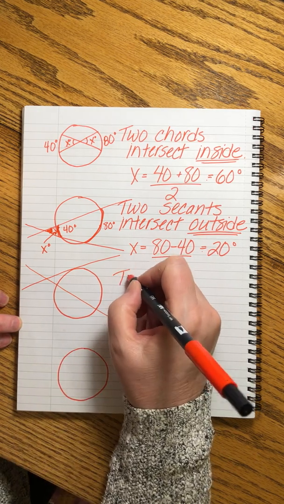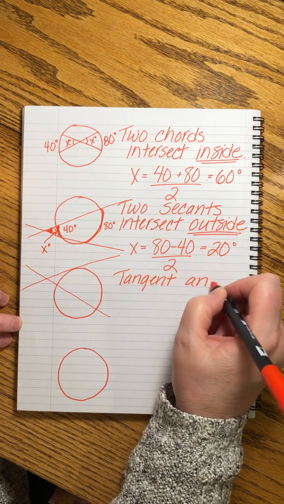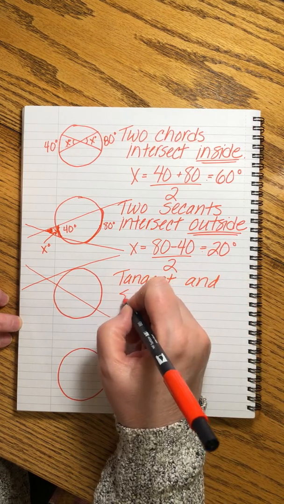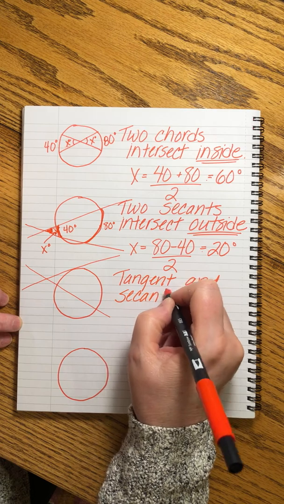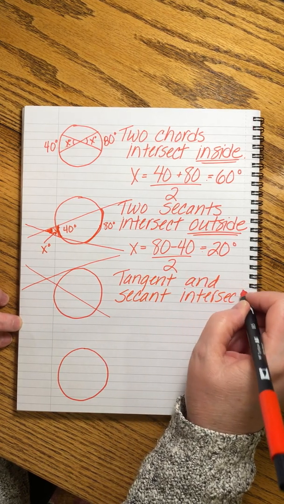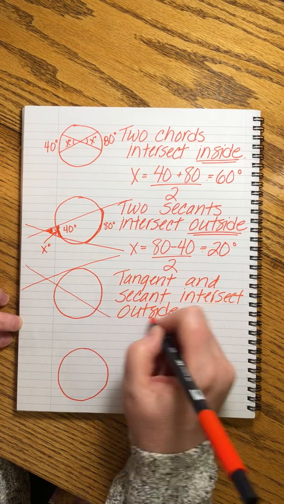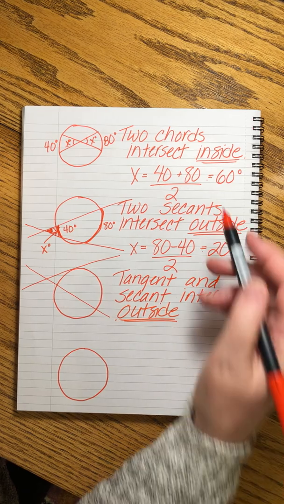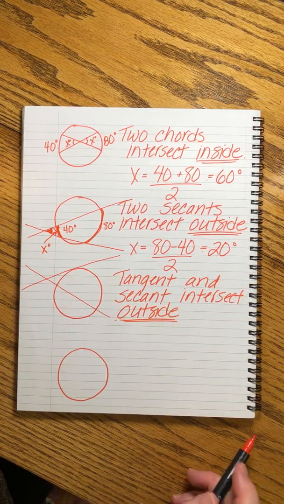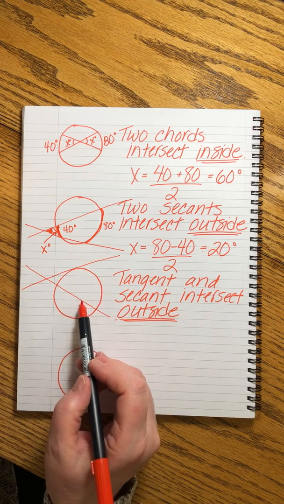Okay, so this one is tangent and secant intersect outside the circle. Okay? I'm underlining those words because they're important. So this is our tangent, this is our secant.